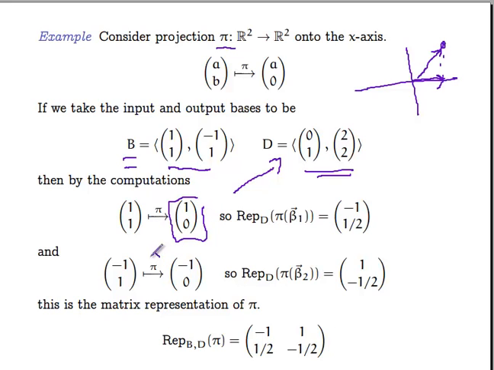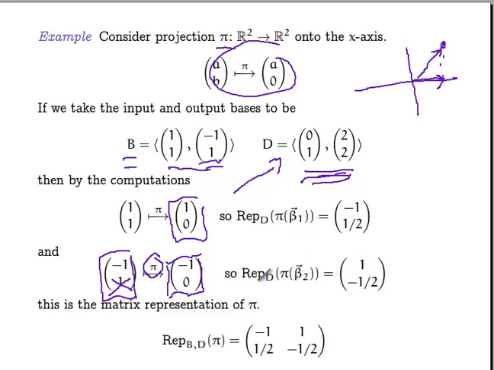Similarly, the projection map pi acting on the second domain basis vector gives me minus 1, 0. Again, the projection just zeroes out the second component according to this rule. So now I want to represent this image vector in terms of the codomain basis.